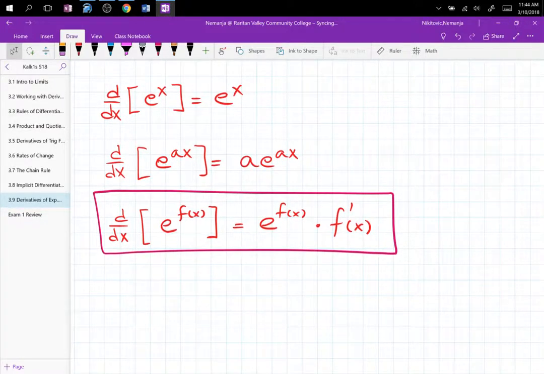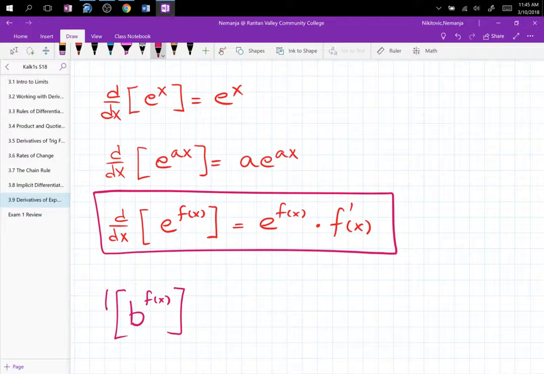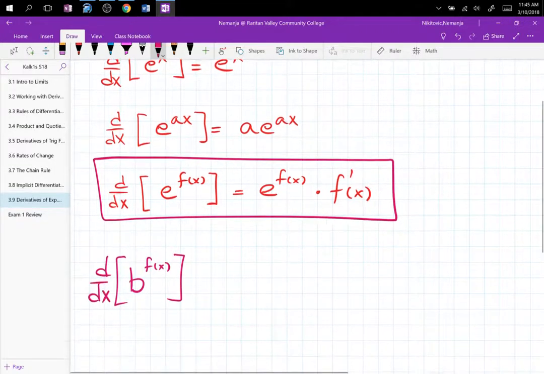But what is actually one boss equation for all exponential? Well, an exponential function doesn't have to have e in its base. It could be 2 to the sine x. It could be 5 to the tangent square x. So the most general case that you can run into is any kind of base raised to a function.